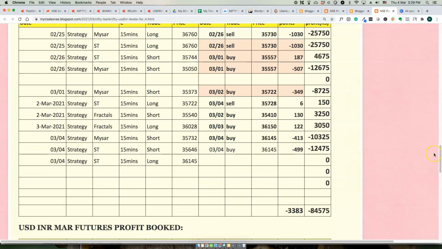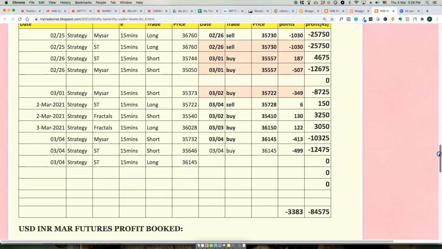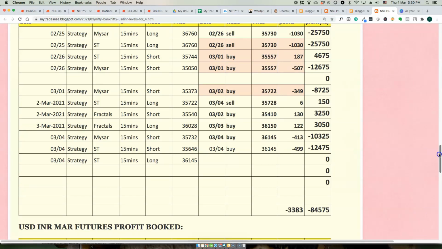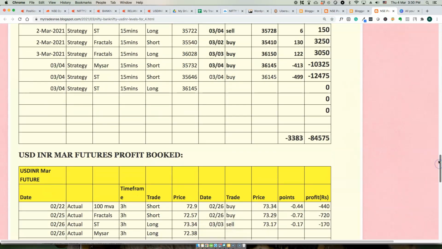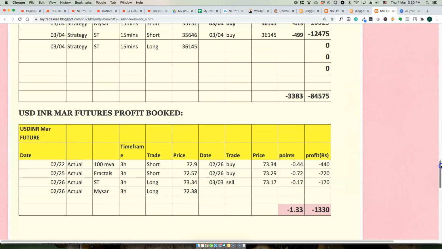So we may see March futures be range bound for some time because it's testing the highs and lows and it's not moving any further, and USD INR has settled down at 73 rupees.